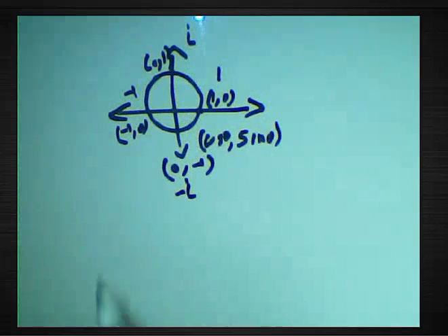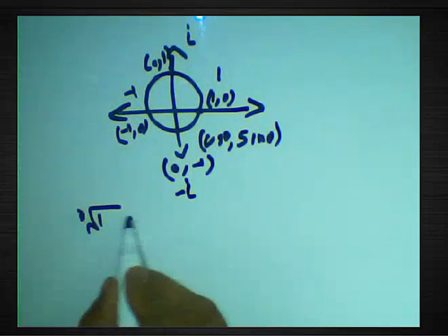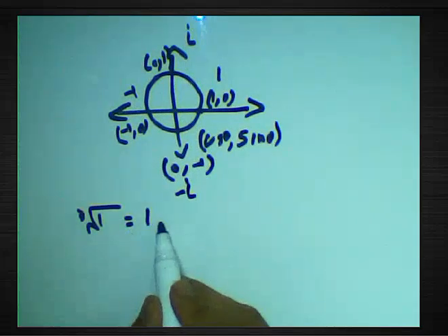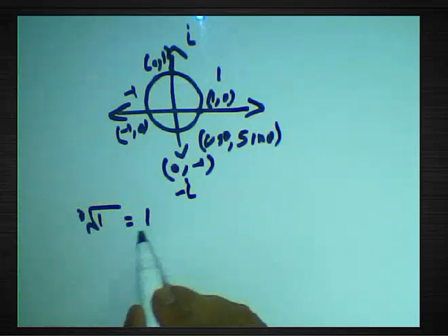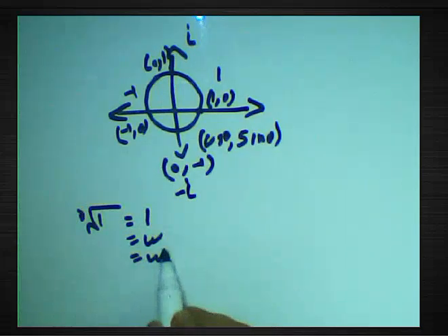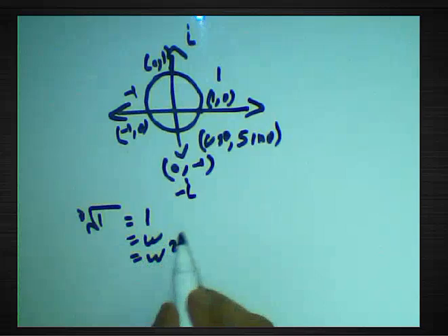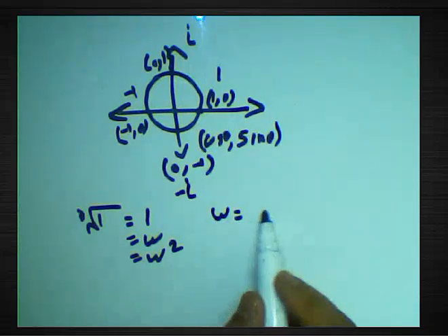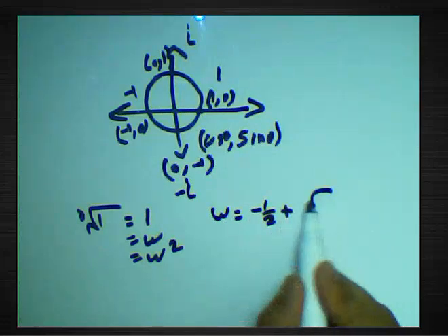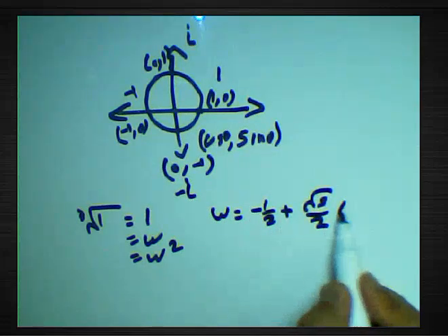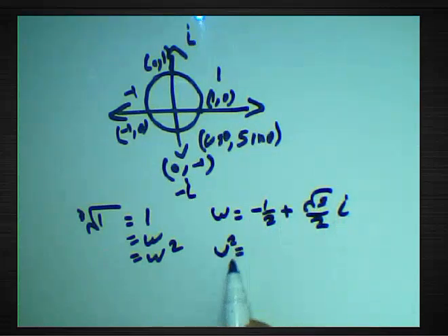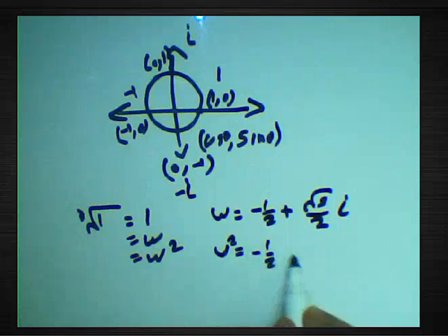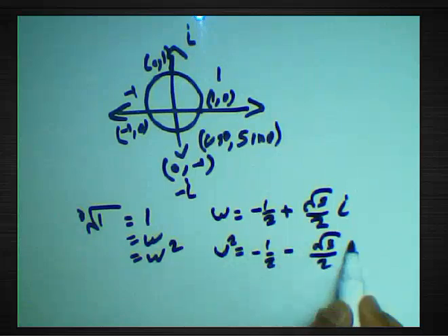And you must know the cube roots of 1: they are 1, omega, and omega squared. What is the difference between omega and omega squared? Omega means negative half plus root 3 over 2 multiplied by i, and omega squared equals negative half minus root 3 over 2 multiplied by i.